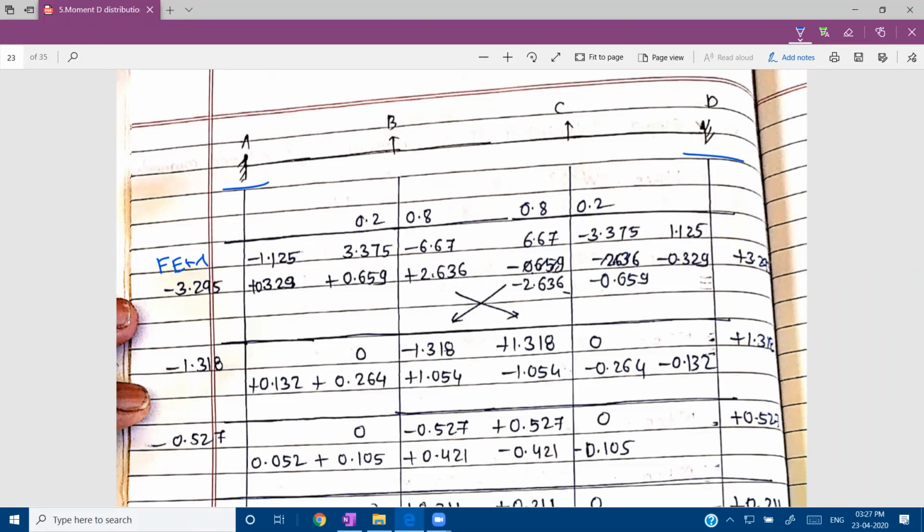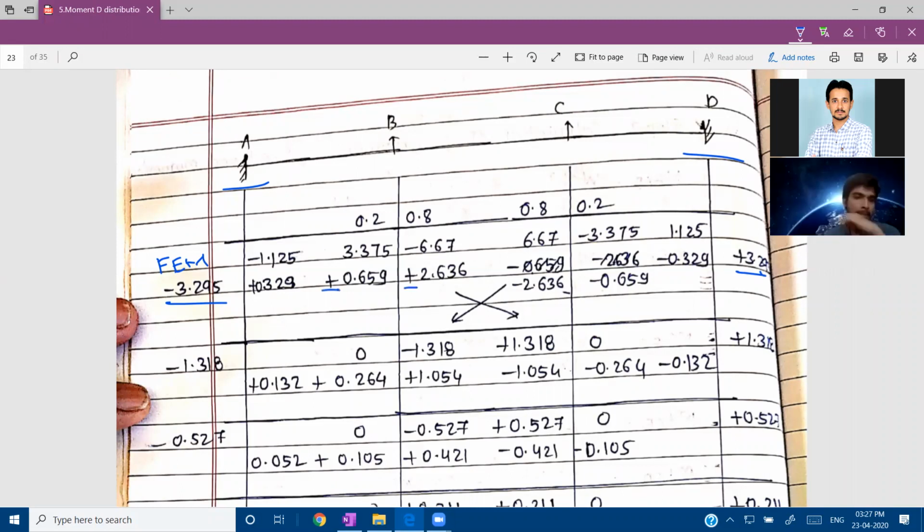So at joint B, unbalanced moment, that means 3.375 minus 6.67, is going to be minus 3.295. Similarly at joint C also the same value will be there but positive. At joint B this unbalanced moment is negative, that's why the next correction here is positive.